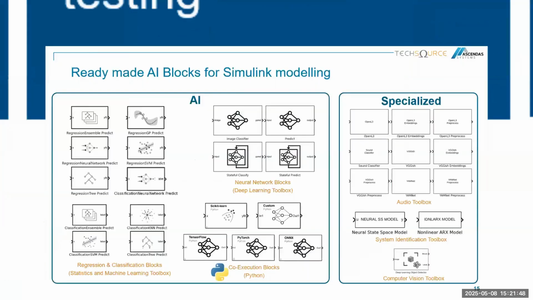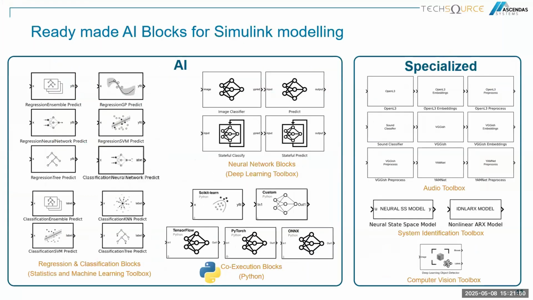What can we support you with? In Simulink and model-based design, we offer ready-made AI blocks to use in Simulink. For example, you can integrate regression models or deep learning models here.